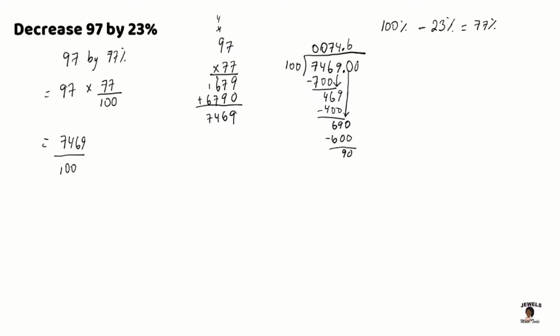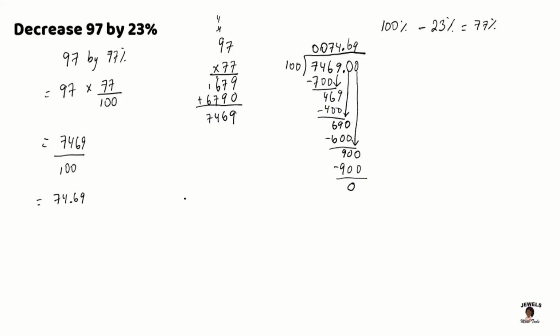We'll add another 0, bring down that 0, changing my 90 into 900. 100 divides into 900 9 times. 9 times 100 is 900, and 900 minus 900 is 0. So our quotient for this question is 74 and 69 hundredths.